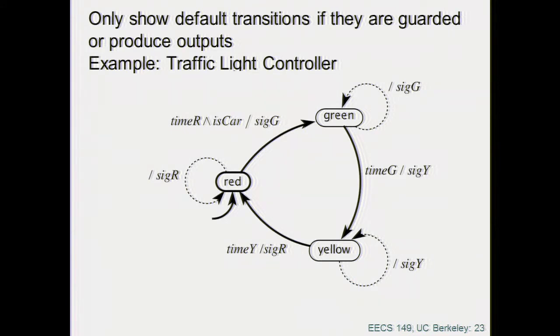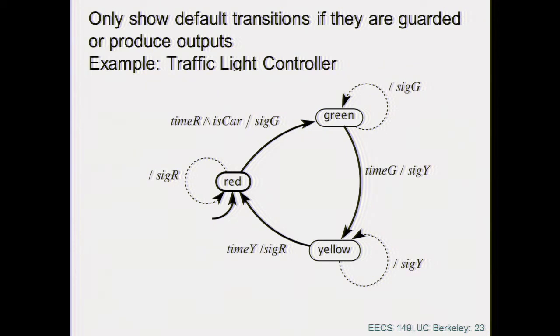Now, the important thing is that in general, it's a good idea to show the default transition if I produce outputs, of course, right? Because I have to have a place where I'm going to put the output, and so I show the transition. Nothing is changing, but it's producing an output, so I show it. So in this particular case, you see, it is a traffic light controller.